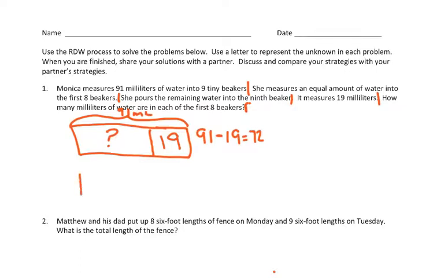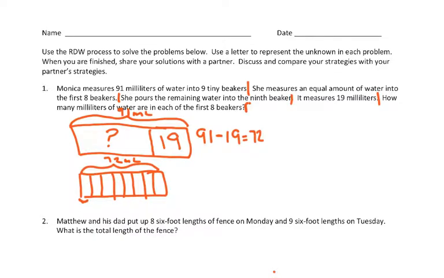So now we can make another tape diagram. In total, this one is 72 milliliters. And we need to break it up into 8 equal parts because it's for 8 beakers. And one of these parts is what we're trying to find.